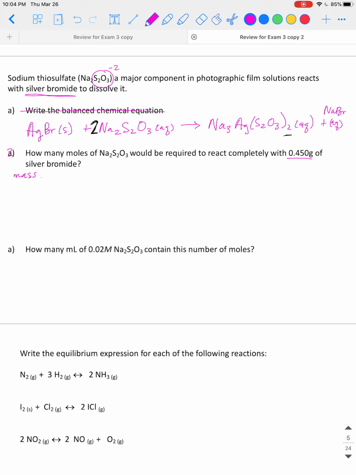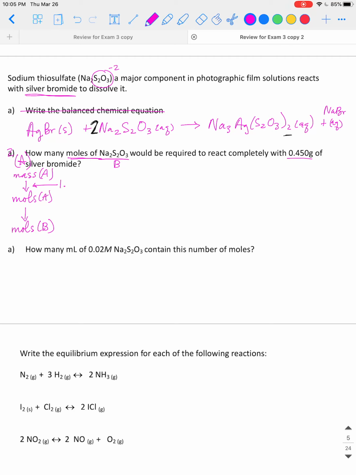We're given a mass of substance A. We have to convert that to moles of substance A. Then use a mole-to-mole ratio, convert that to moles of substance B, which is our sodium thiosulfate here, and that's what the question's asking for, moles of substance B. So we'll label this B, and the silver bromide we labeled A.